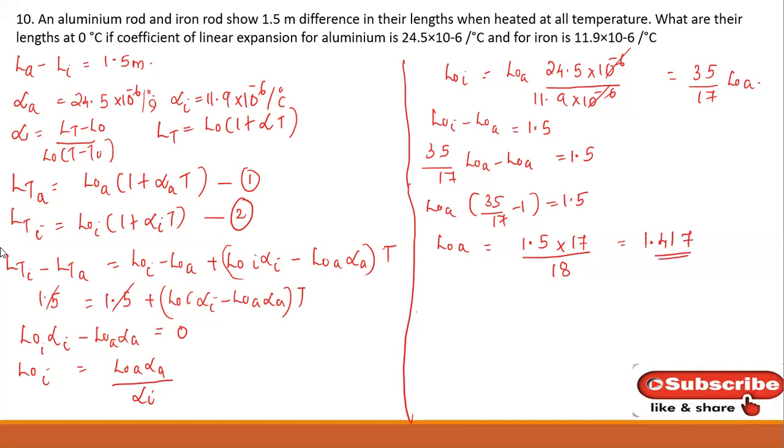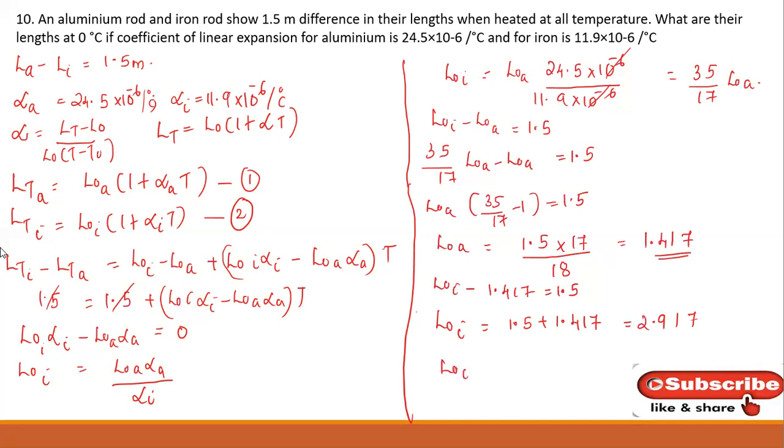Now, substituting here, L0I minus L0A is equal to 1.5. In that we are substituting 1.417, so L0I is equal to 1.5 plus 1.417, which is 2.917.